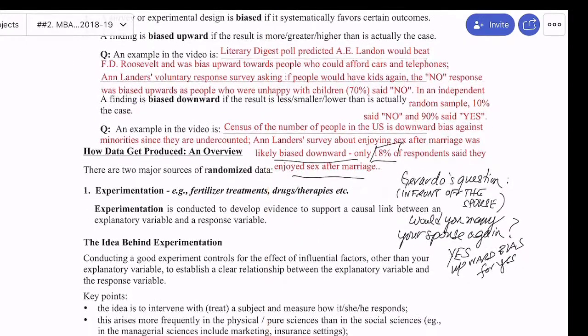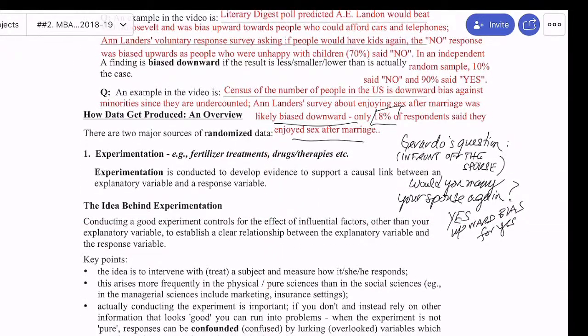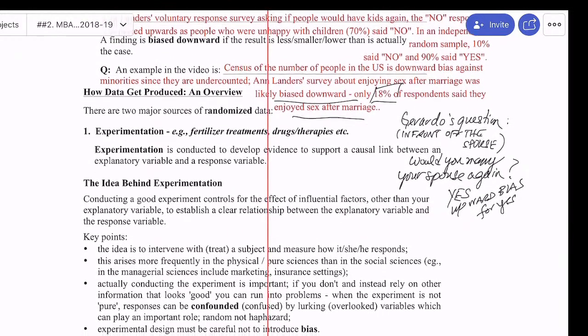So how does data get produced? There are two major sources of randomized data: experimentation and surveys. Experimentation is conducted to develop evidence to support a causal link between an explanatory and a response variable.